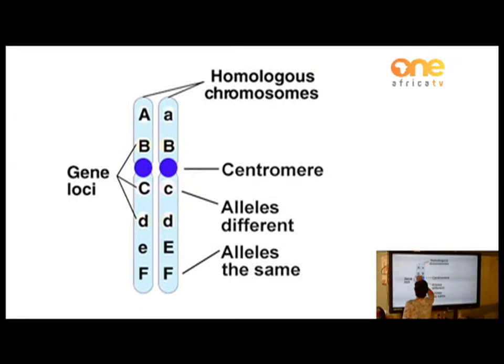Now you see a homologous pair. So, if there is a nucleus that has only one of each of the homologous pairs, we will immediately know that cell is a gamete.